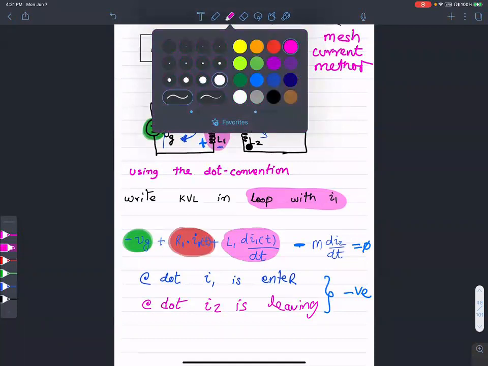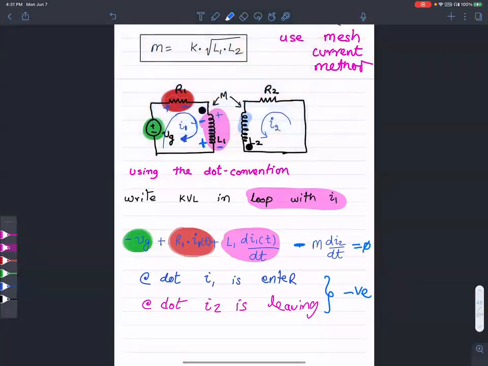That's not it. Interestingly enough, this inductor as well sets up a voltage in the left hand loop because of the mutual inductance, and that's that component. How did I determine the direction of the polarity for this to be negative? Well, I used the dot convention. I'll establish the dot convention a little bit more when we solve this KVL on the right hand side.